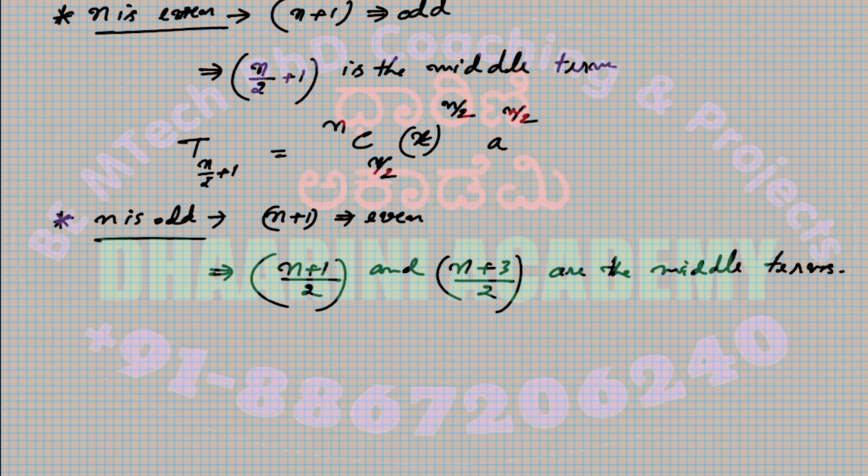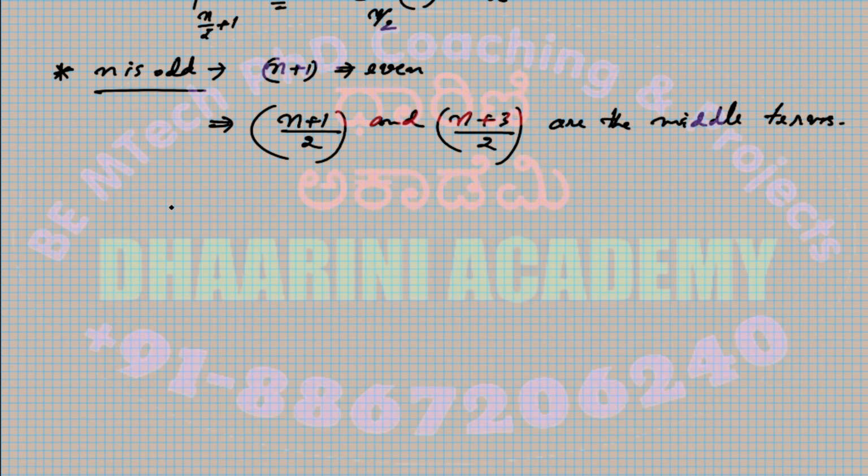Right, so let us calculate. The first one is T((n+1)/2). I can write this as T((n-1)/2 + 1). After simplification, we get back (n+1)/2. We write it this way because we want to know the value of r that needs to be substituted.